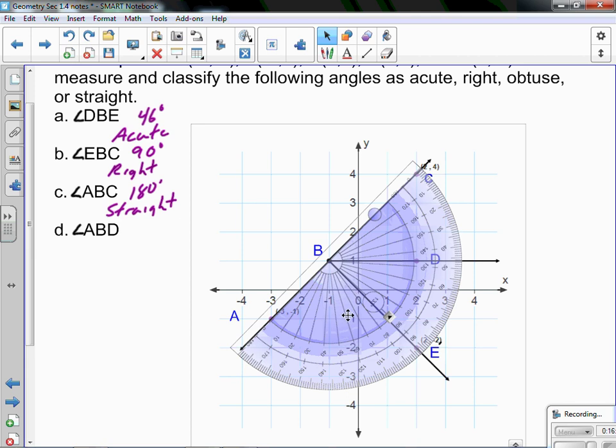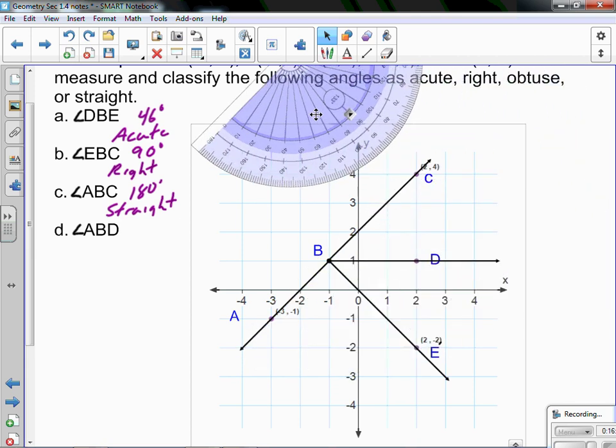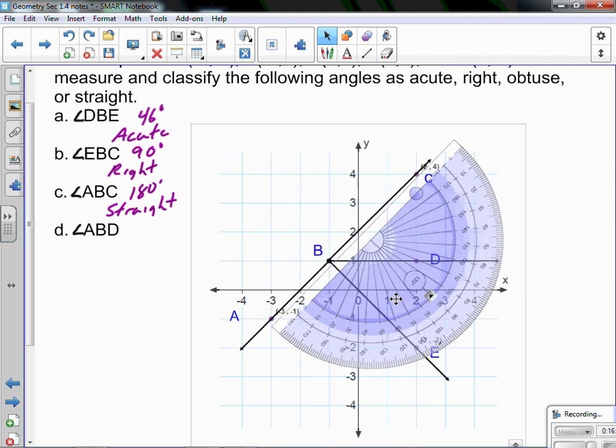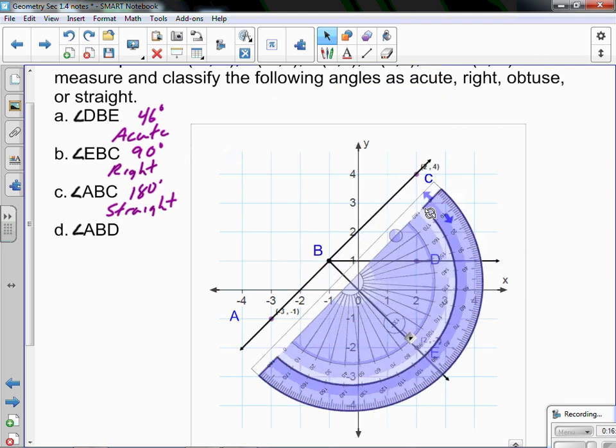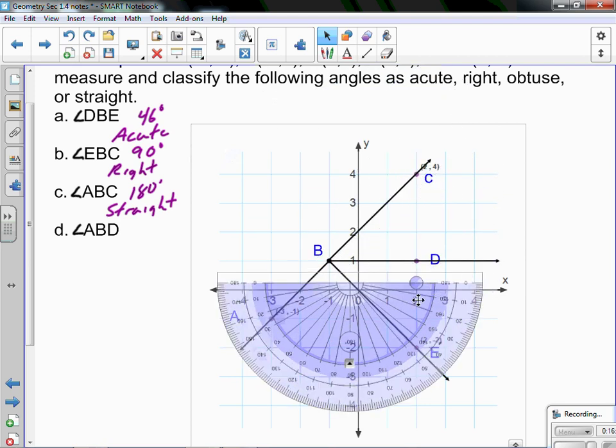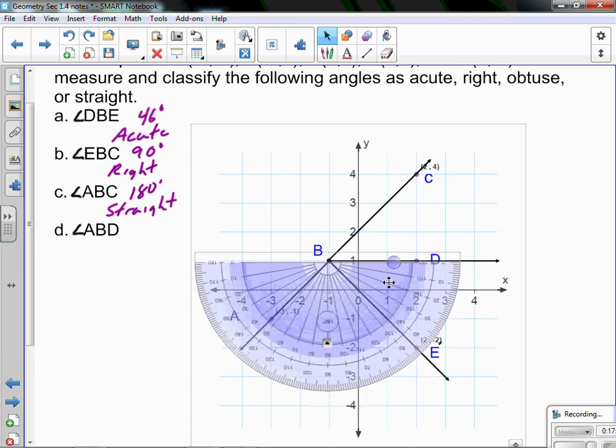And then the last one on the list, angle ABD. So starting at 0 here and ending at, there's 130, 132, 33, 34.